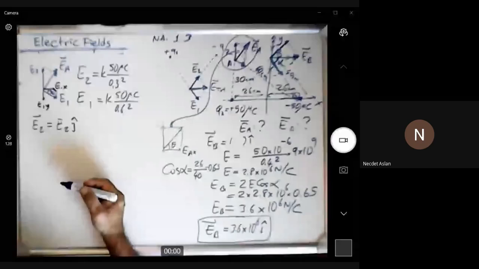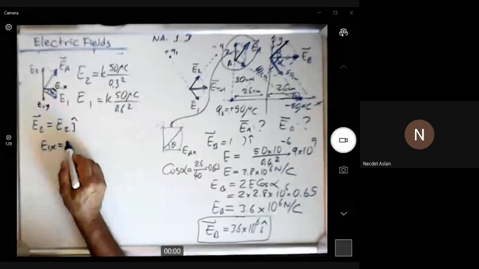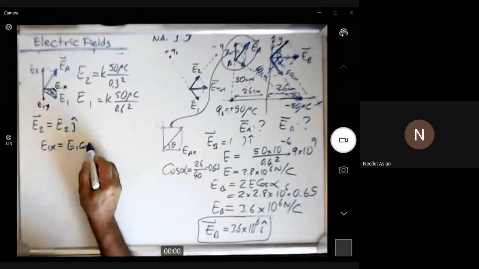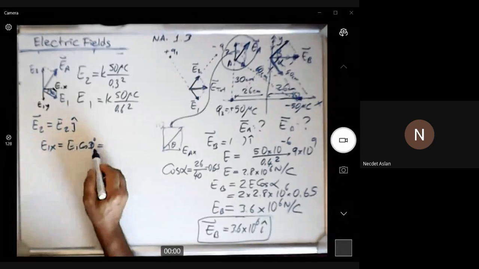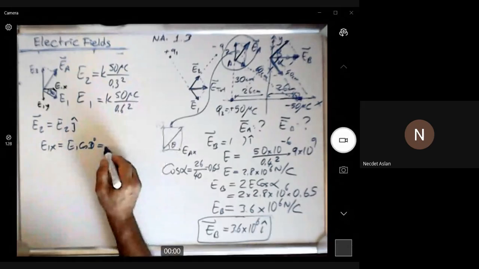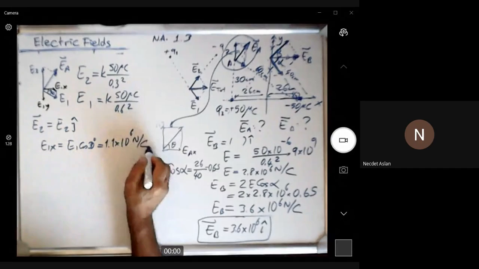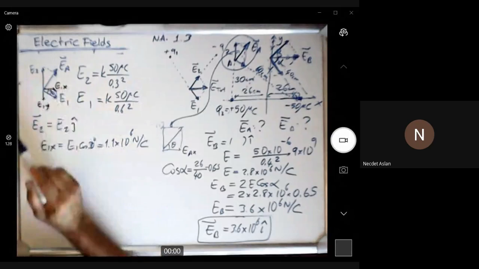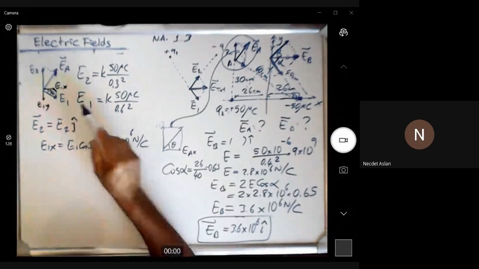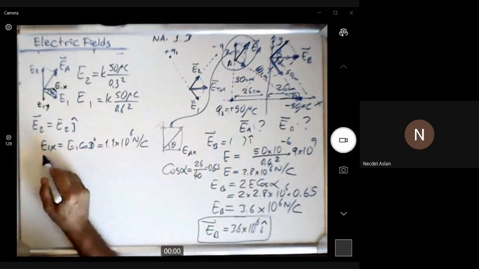So E1X will be given as E1 times cosine 30 degrees. Since E1 is known from this value, I will just give you the result. It's 1.1 times 10 to the 6 Newton per Coulomb. So we found the x component of this E1, which is created by this negative charge. Now, what about the y component?